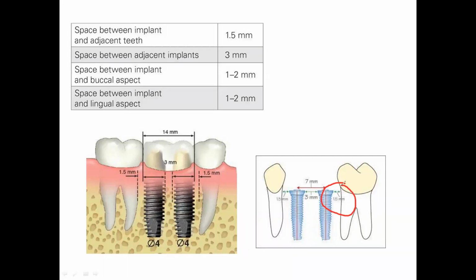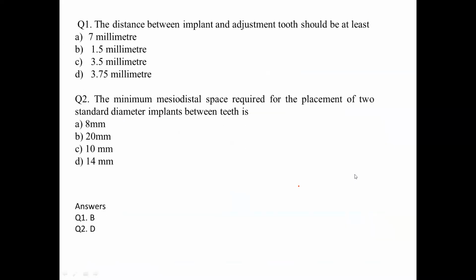The distance has to be 1.5 mm. So the distance between a natural tooth and implant is 1.5 mm. This is the answer.